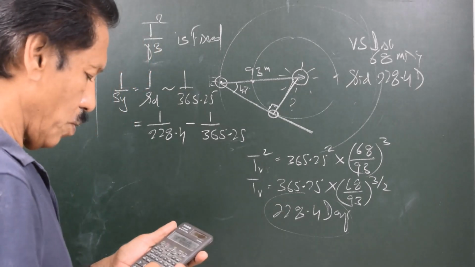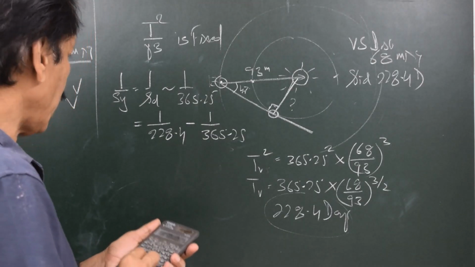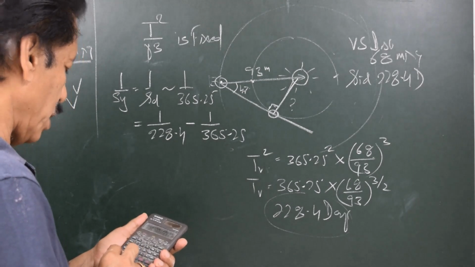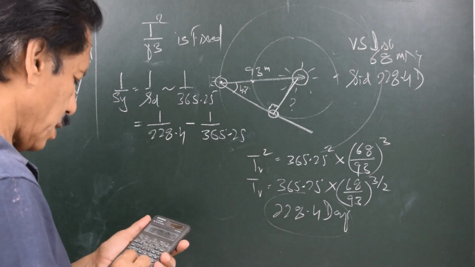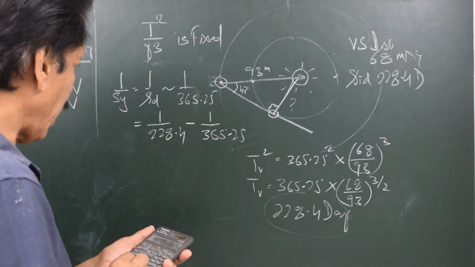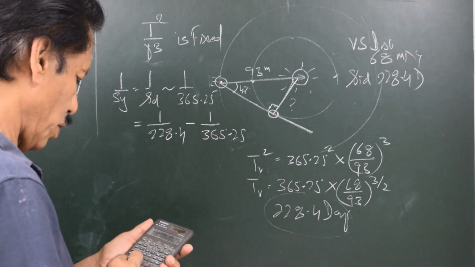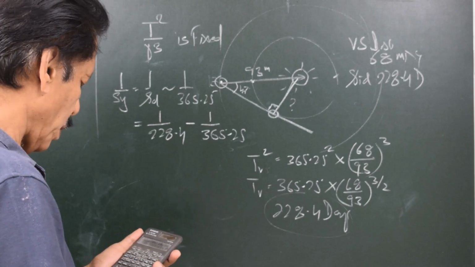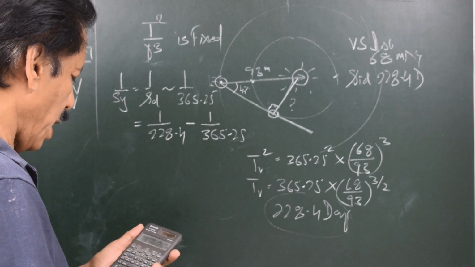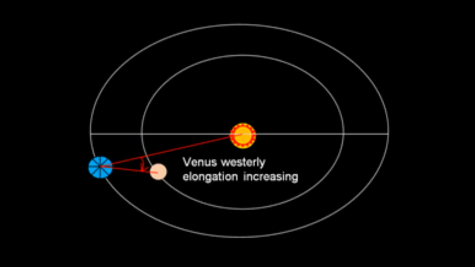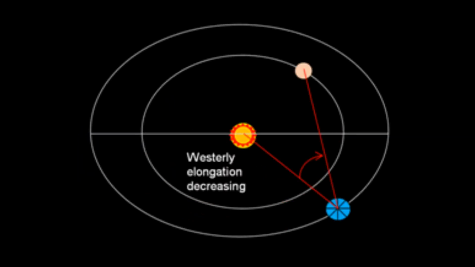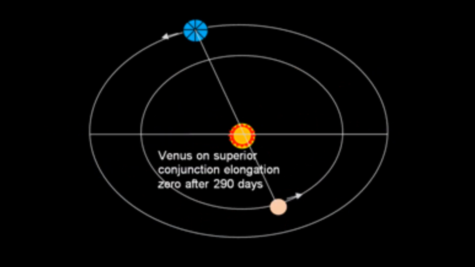Okay, let's do it. 1 divided by 228.4 minus 1 divided by 365.25. This gives me 609.59 as the synodic period.